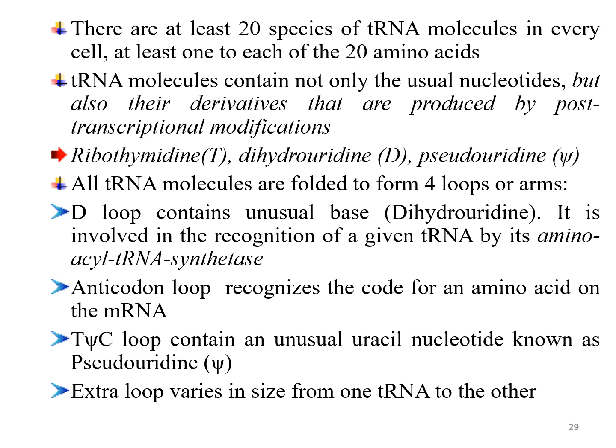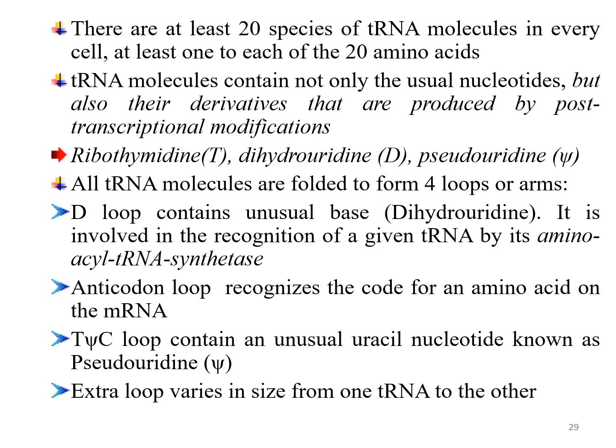All transfer RNA molecules are folded to form four loops or arms, and the D loop usually contains the base dihydrouridine. It is involved in the recognition of a given transfer RNA by the aminoacyl tRNA synthetase enzyme. The anticodon loop recognizes the code for an amino acid on the messenger RNA.